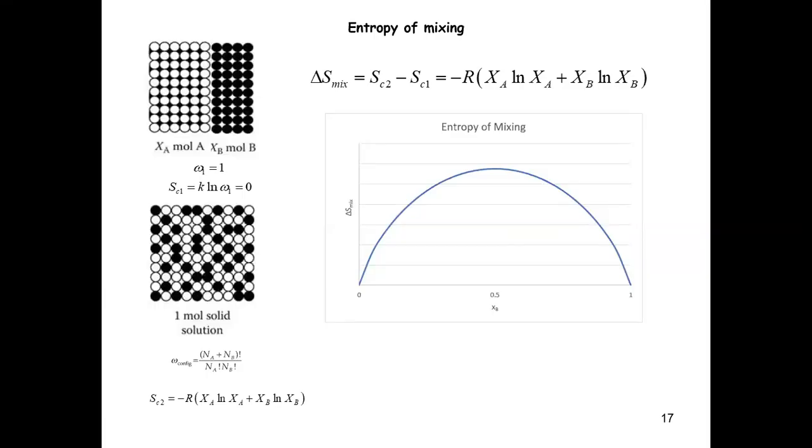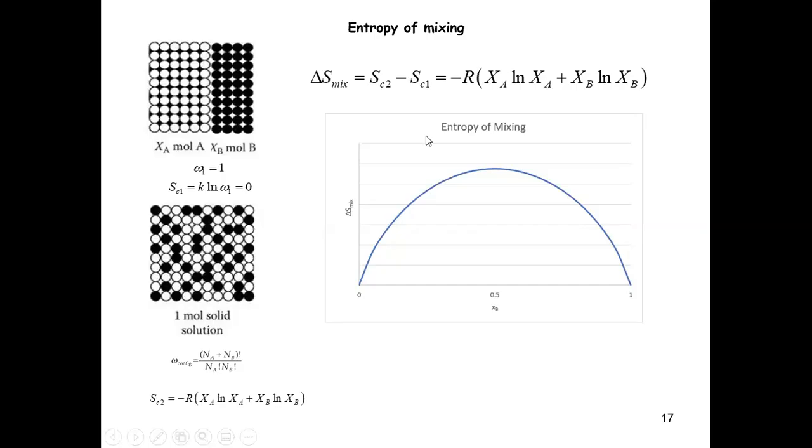So if the entropy grows slower, this means the increase in the number of states grows slower as more B is added. Initially, if you just add a little amount of B, you get a huge increase in the number of different states, which you didn't have before, because initially you just have one state. But as you add more and more B, the increase in the available states becomes less and less. Does that make sense to everyone?